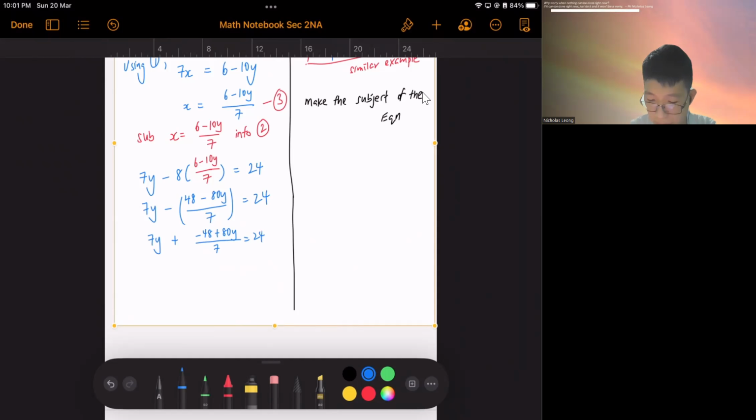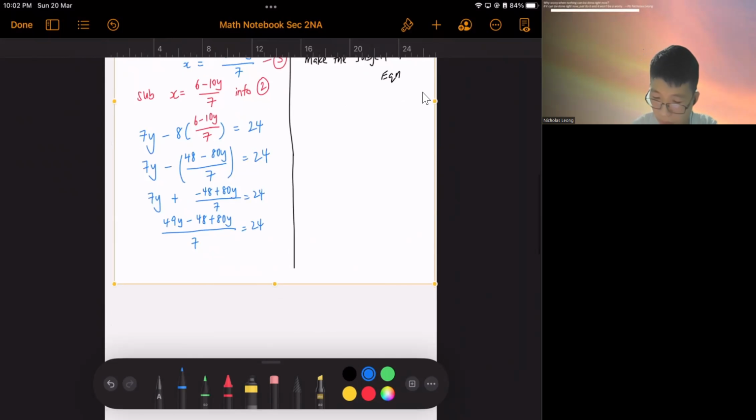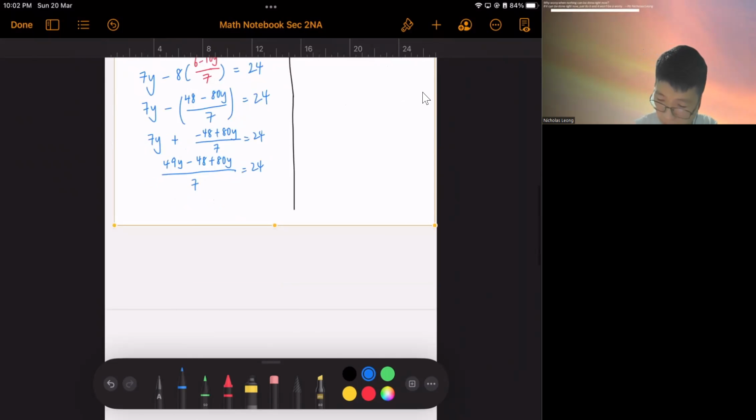So in this case, I will make the denominator the same. So I'll get 49y over 7 minus 48 plus 80y equals 24. Then I'll simplify the numerator.